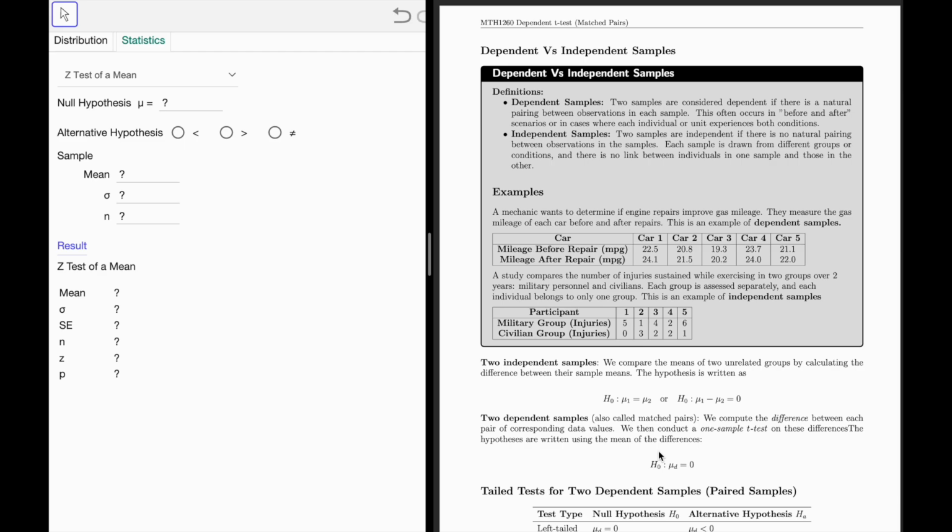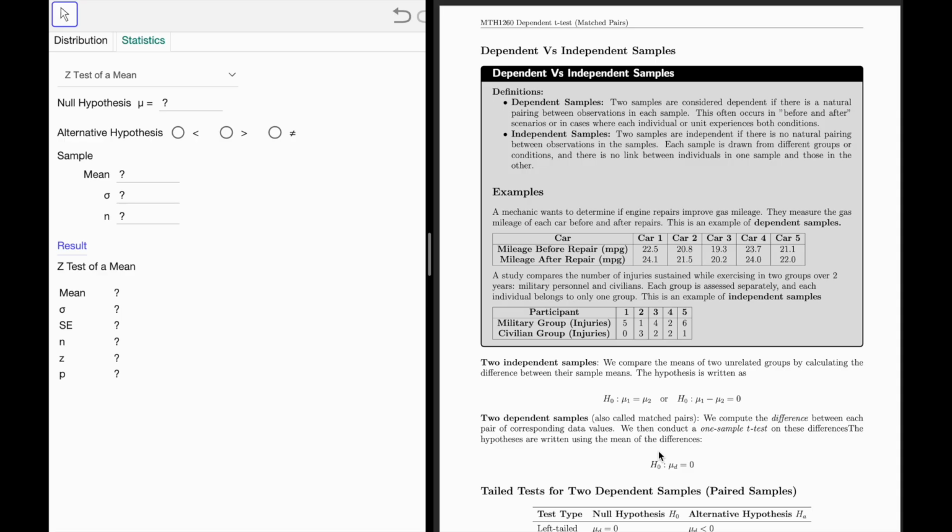Now, when we look at dependent samples, there is a connection from a specific one point to another specific point in the other sample. And you have to keep them together as a pair, just like when you're graphing an ordered pair on a grid, the X and the Y need to stay together.